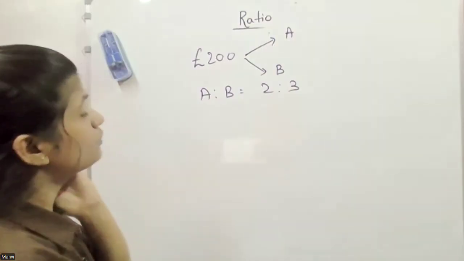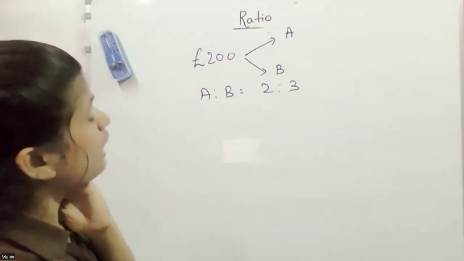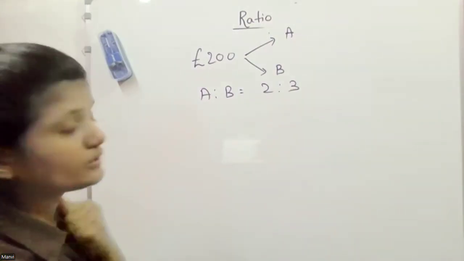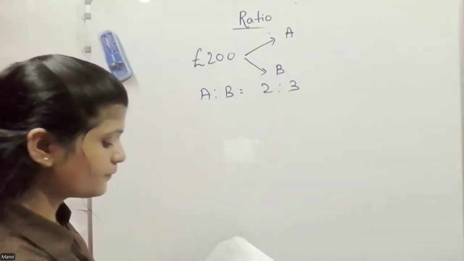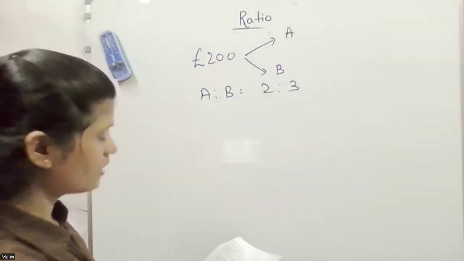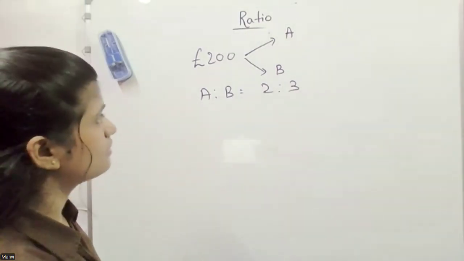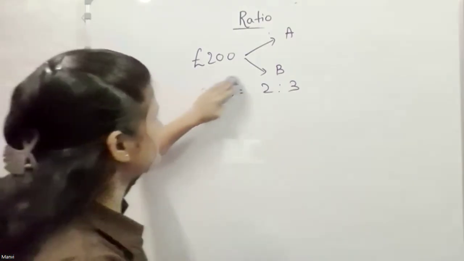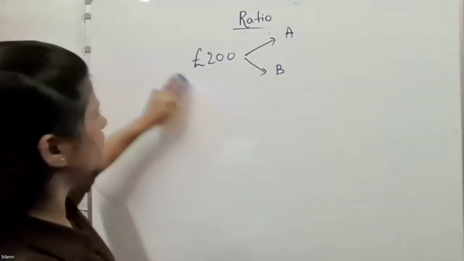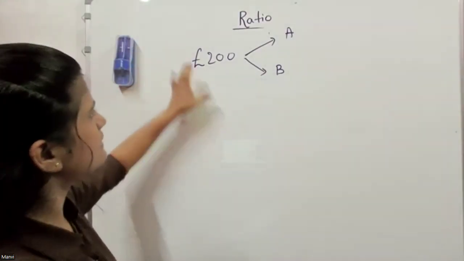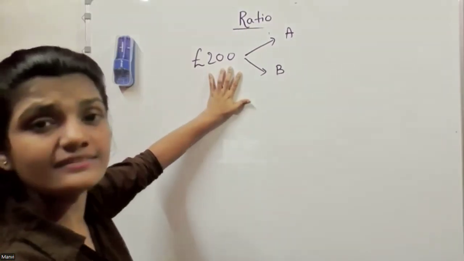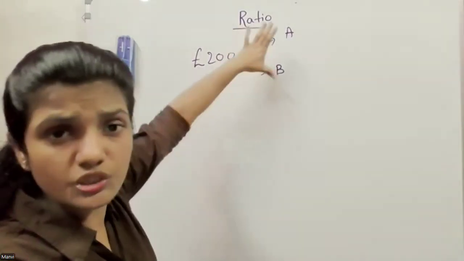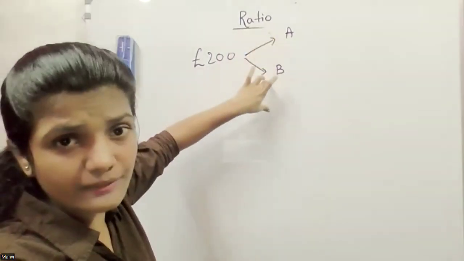So how do we think about how much money A will get and how much money B will get?